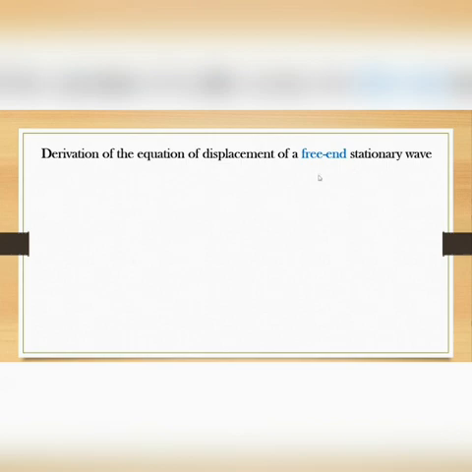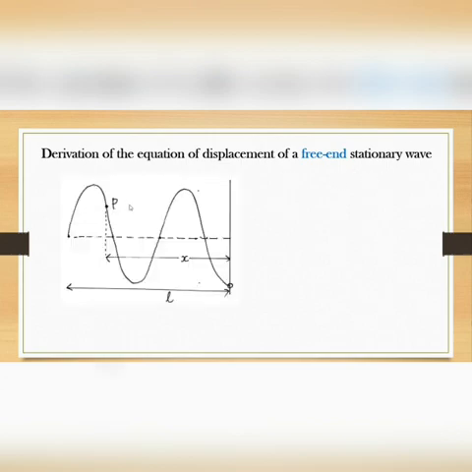For a free stationary wave, I have this diagram. At the reflected end, there will always be an antinode because this end is free to move. So here, there will always be an antinode.